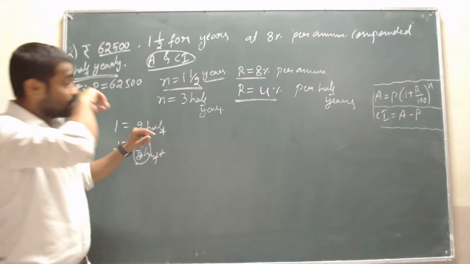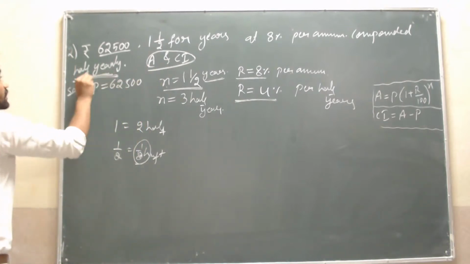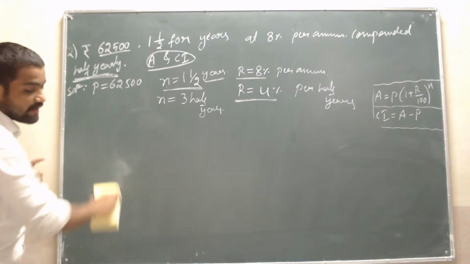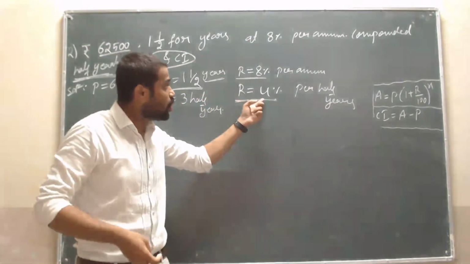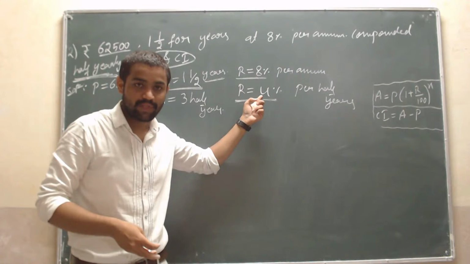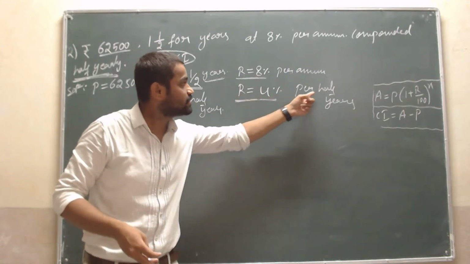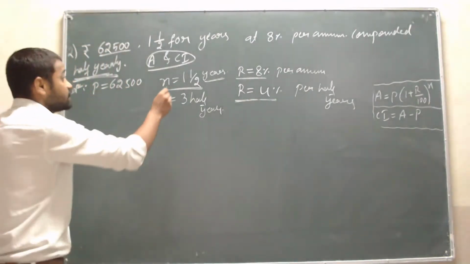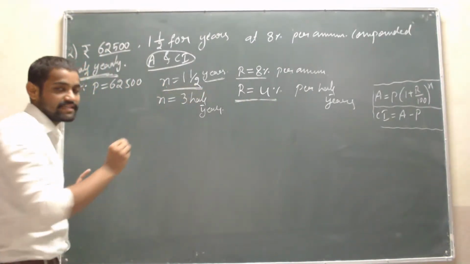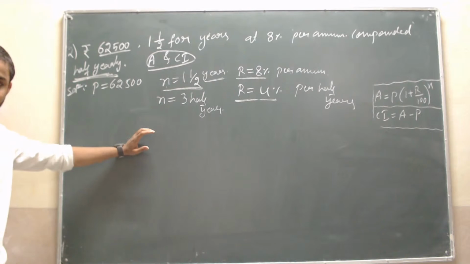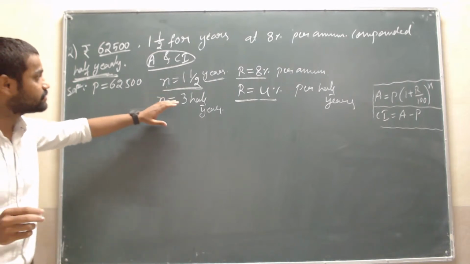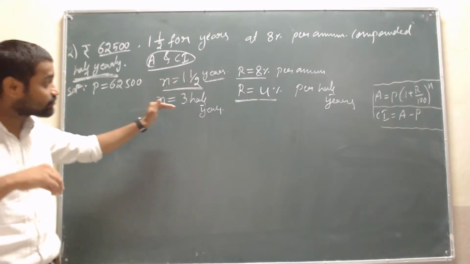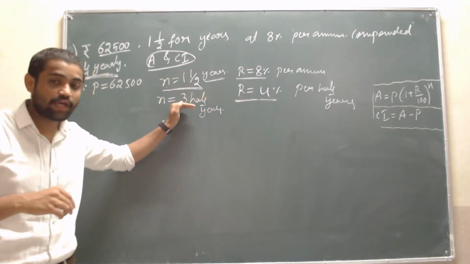See here, he has given compounded half yearly. That's why we are converting the rate of interest to half years. Then the rate of interest becomes 4% per half year, and the time period n, 1.5 years, we have to convert into half years.